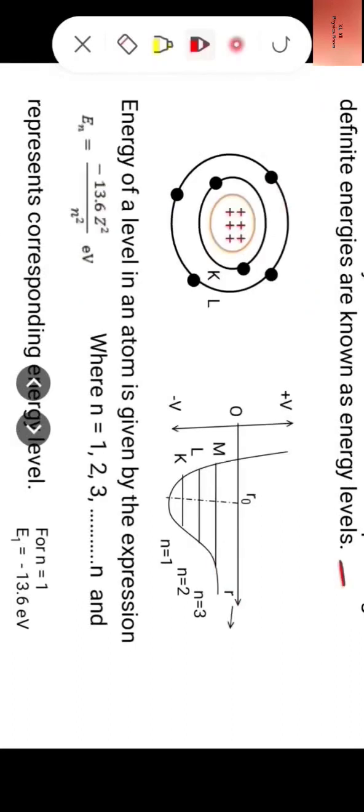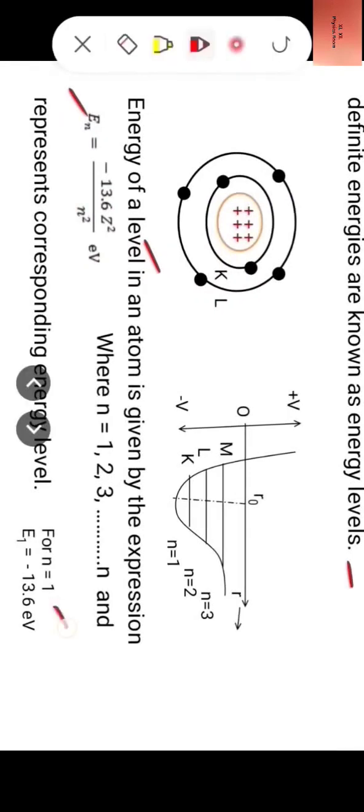Energy of a level in an atom is given by the expression En equal to minus 13.6 into Z square by N square electron volts, where Z is atomic number of the element and N is the number of orbit, which is equal to 1, 2, 3 or N, or you can say principal quantum number, and represents corresponding energy level.